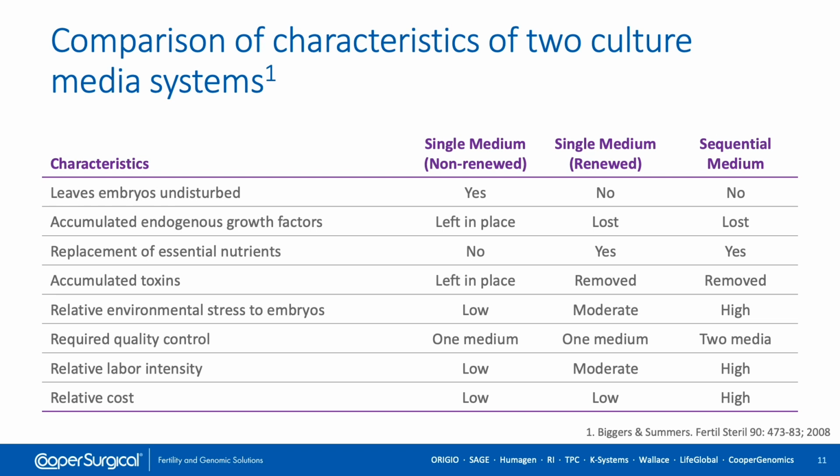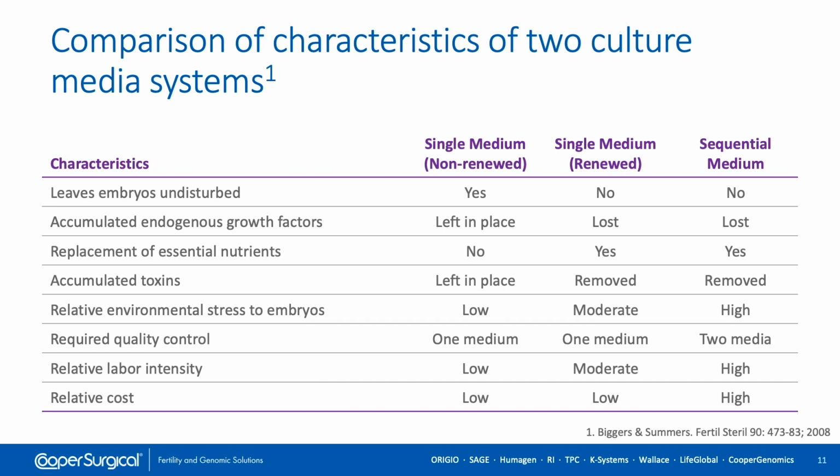Now, single-step media can be used in two ways, either where we renew the media on day 3, or we use it continuously after fertilization through to the embryo's ready for embryo transfer, for genetic testing or for vitrification.